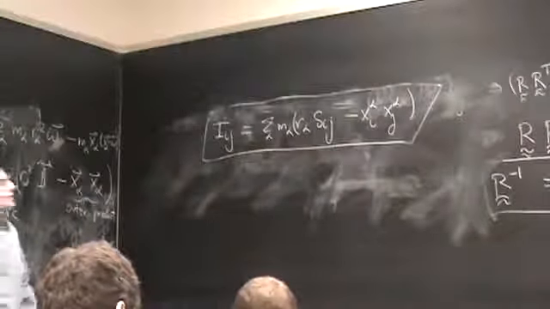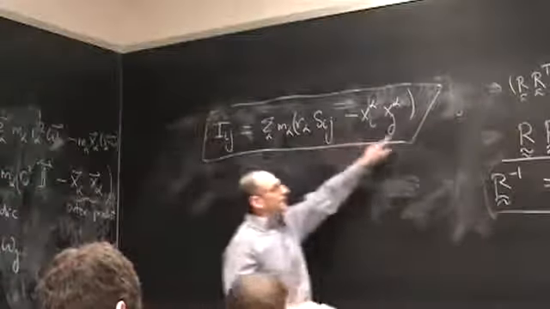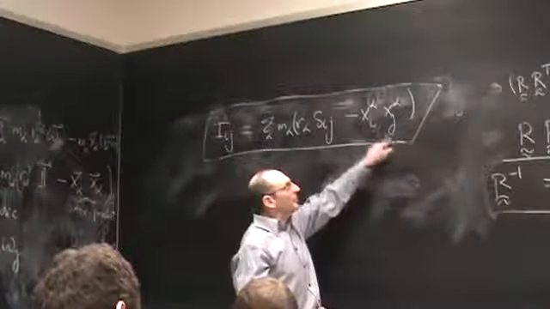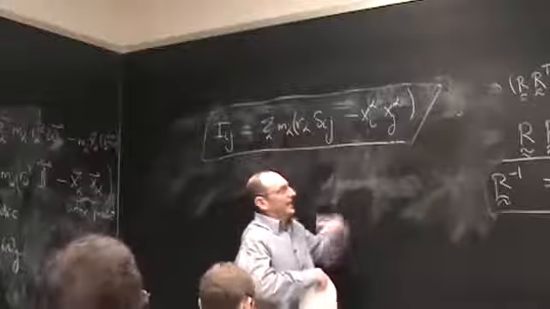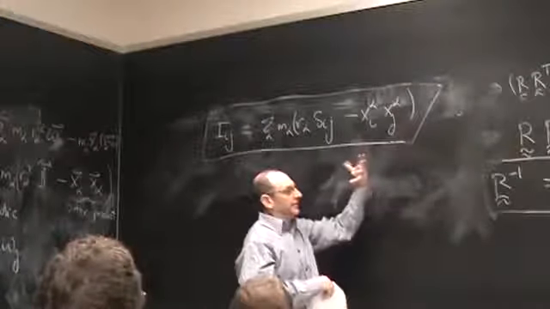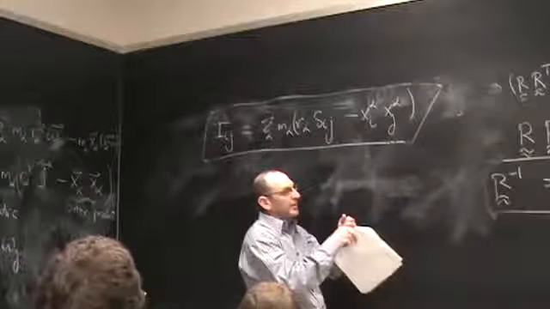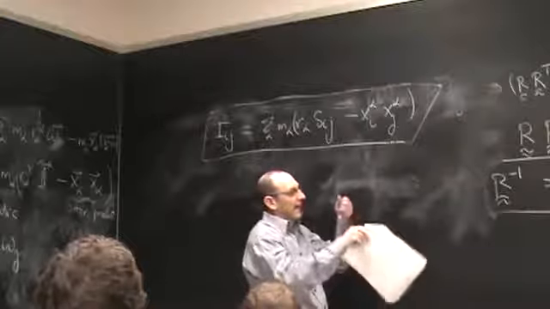Okay, so this is the outer product. When I take the outer product of two vectors, I get a matrix. Take the inner product between two vectors, I get a scalar.